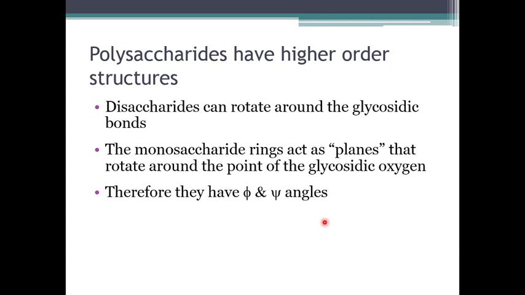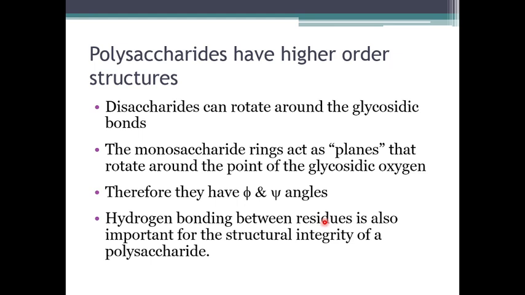How surprising, we are revisiting the Ramachandran plot here, because monosaccharides and disaccharides can rotate around the glycosidic bonds. Hydrogen bonding between residues is also important for the structural integrity of a polysaccharide, as we saw in the case of cellulose.